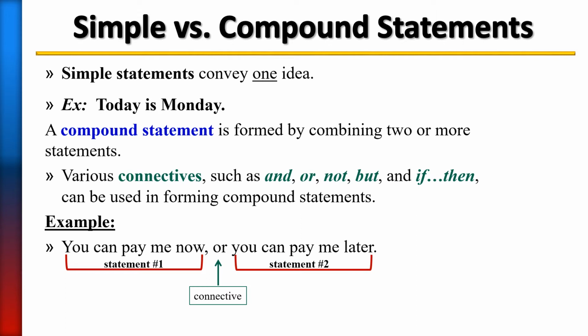There's your second statement. So this is an example of a compound statement because it is formed by combining two statements together. You have your first simple statement, you can pay me now. You have your second simple statement, you can pay me later. And what's joining it together is the connective.